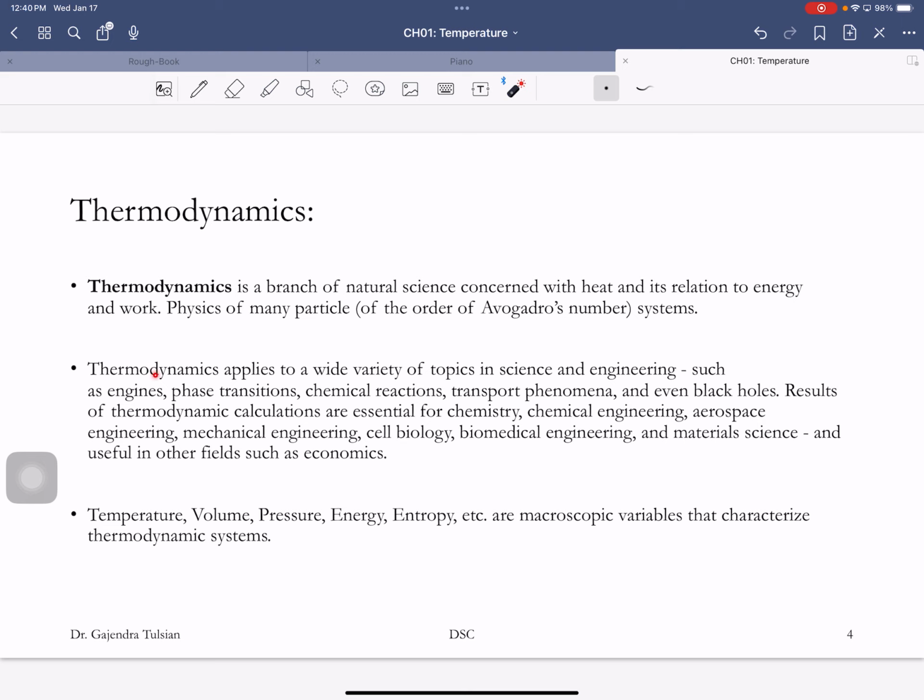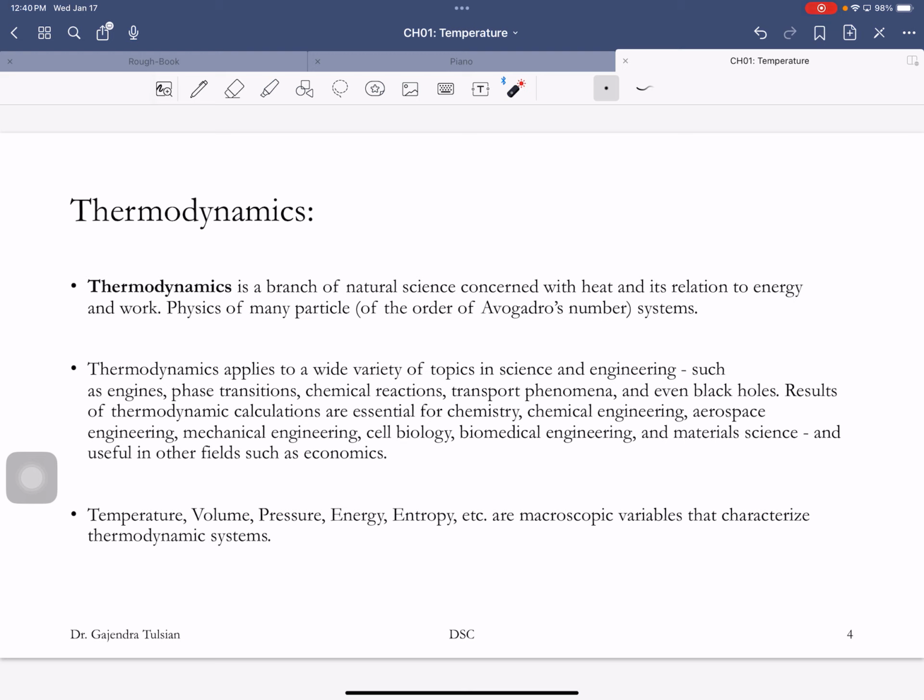The laws apply in a wide variety of fields: engines, phase transitions, chemical reactions, transport phenomena, and stuff like that. You have to know thermodynamics. Thermodynamic calculations are essential for chemistry, chemical engineering, aerospace engineering. So any engineering you do, you need to know thermodynamics.